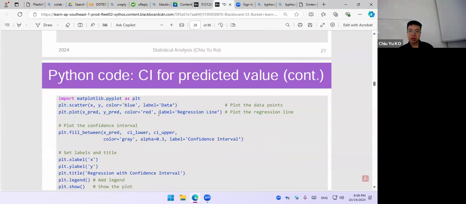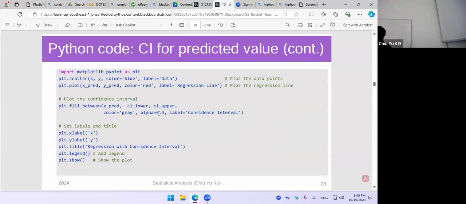For plotting, it's slightly a little bit complicated, but shouldn't be too difficult. The first is the scatter plot. I think we know that very well. The only new thing is I have a label because I want to have a legend. Whether you have this or not is not an issue. And I plot the line. Then I want to fill, like the typhoon graph, the value x.